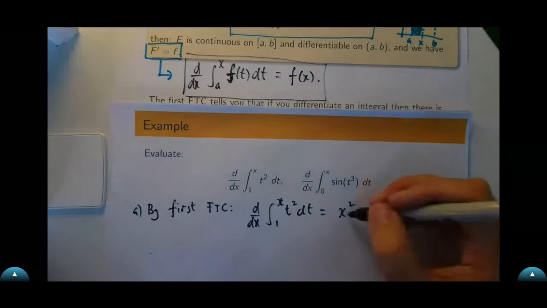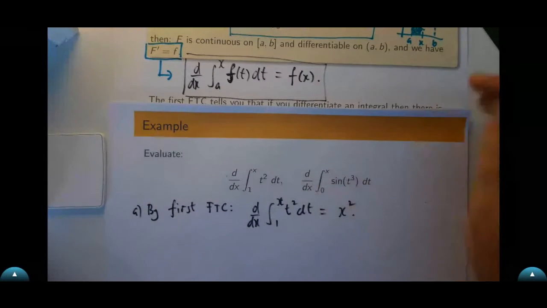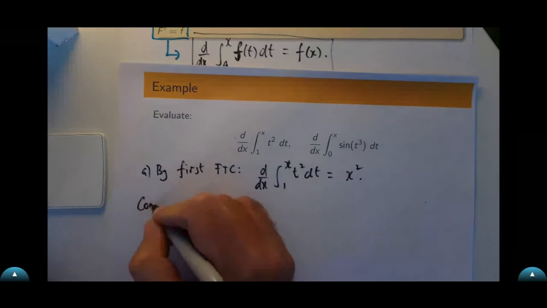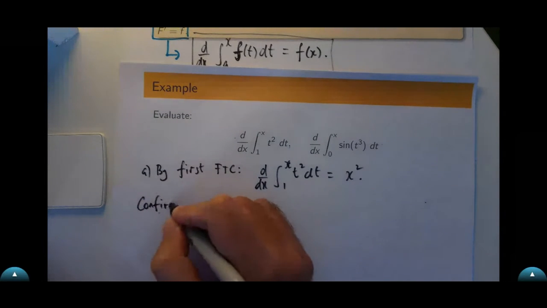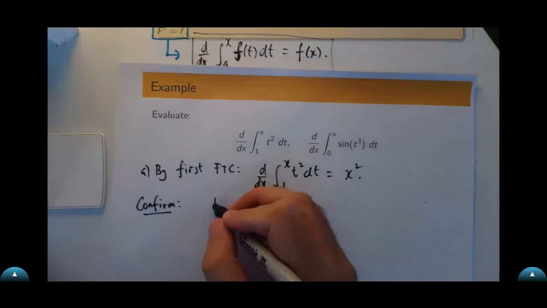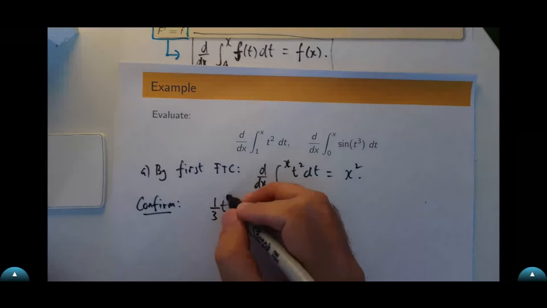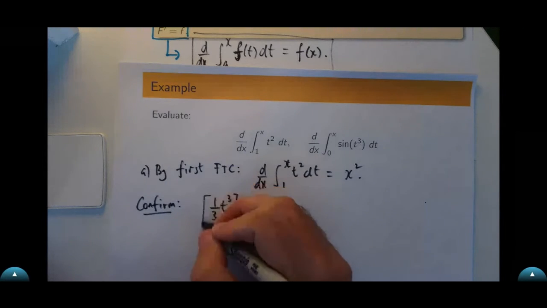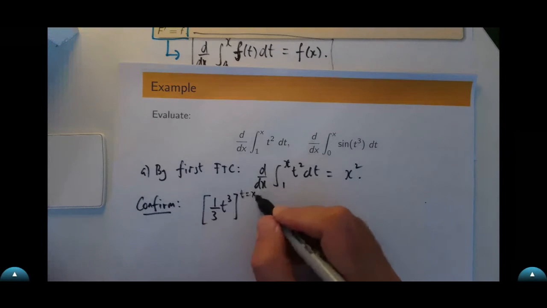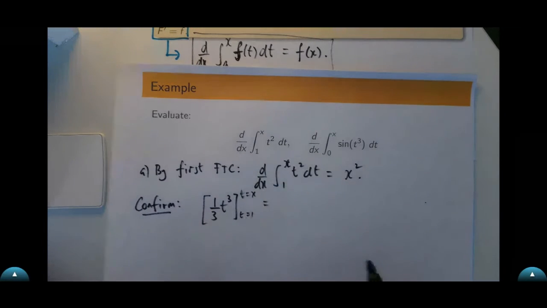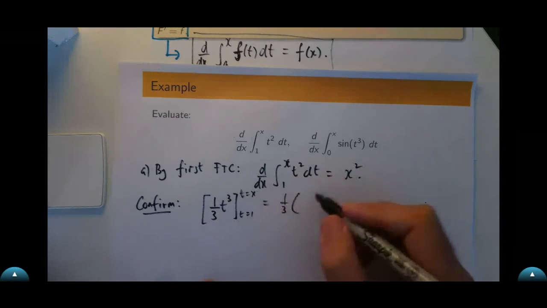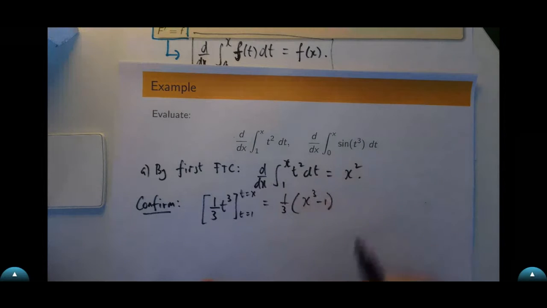Okay, now let's actually just confirm that we've got the right answer there. Okay, so you don't usually do this, but let's do it here. Okay, so integrate here, we'll get 1/3 t cubed. Okay, and I want to put in t equals x and t equals 1. Okay, I'll differentiate this in a minute. So it's going to be 1/3 x cubed minus 1.